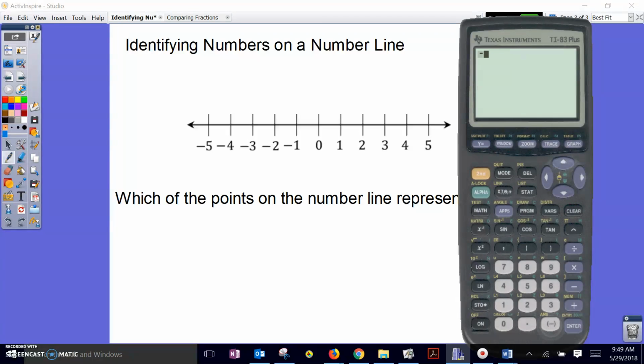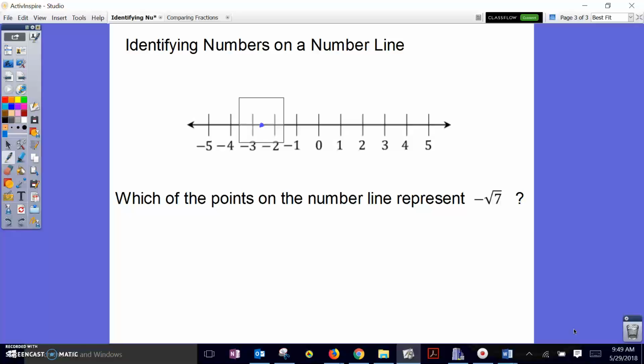Again, I'm going to turn to my calculator to give me a decimal approximation. I get -2.645. So it's in between -2 and -3. A little bit closer to -3 than it is to -2. And so that is the point on the number line that's going to represent the negative square root of 7.